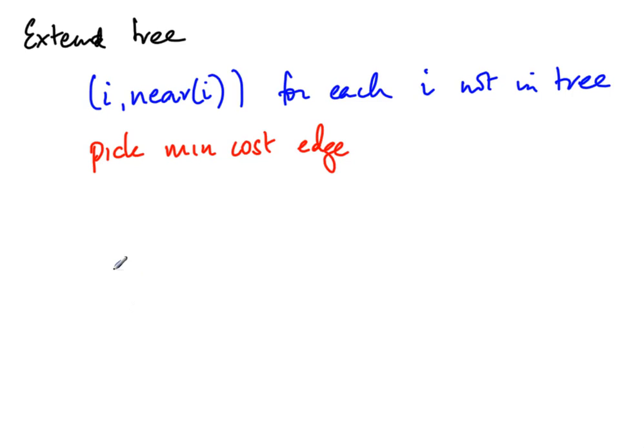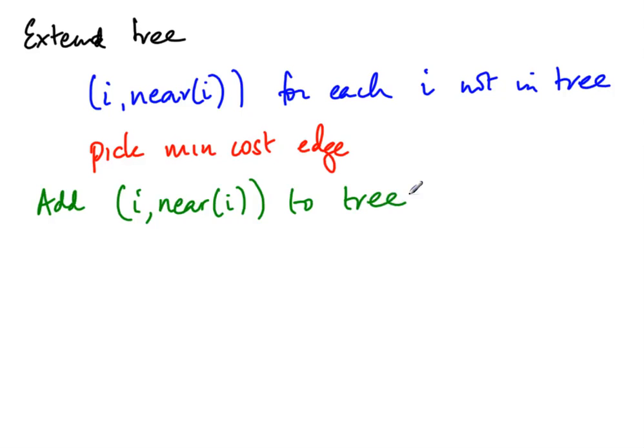And having picked this, now we will add the specific edge that we picked, which is I, near of I, to the tree. So now I belongs to the tree, so we update its near value. So we set near of I equal to 0 to indicate now that I belongs to the tree.